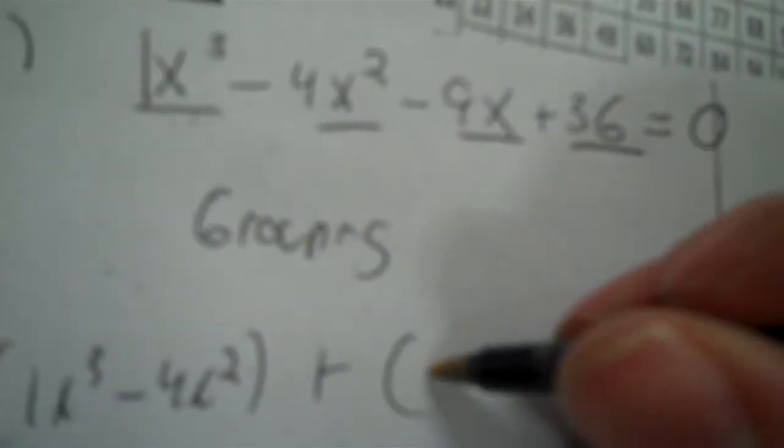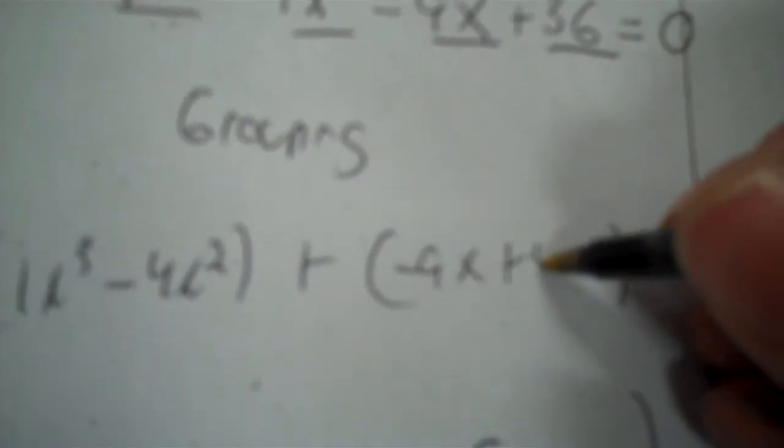Use grouping: parentheses plus parentheses, then the GCF outside, then little parentheses, big parentheses. So you have 1x to the 3rd minus 4x to the 2nd, then negative 9x plus 36.